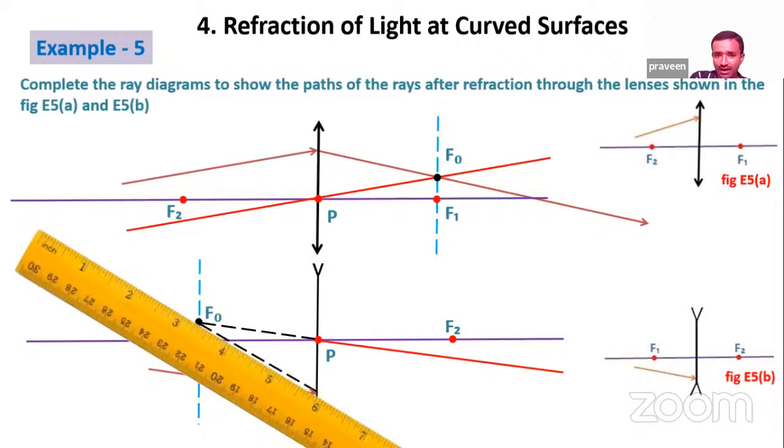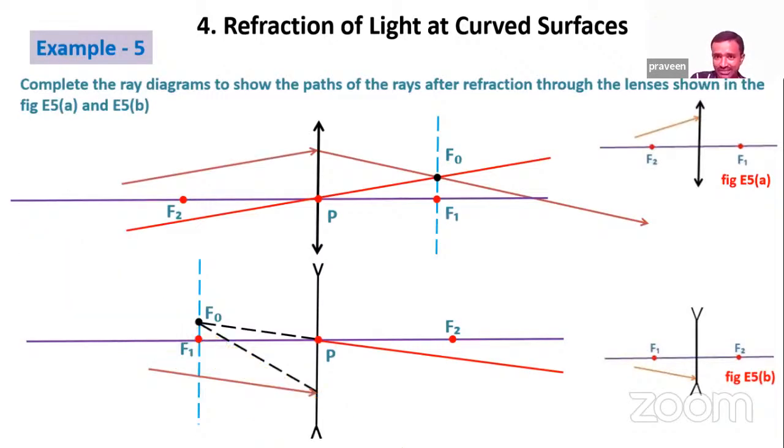Look at this. Here you obtain only the incident light ray in the question figure. For this, the simple trick is that you can draw a parallel line through the optic center. Then only you will get the imaginary focus on the focal plane. See here.